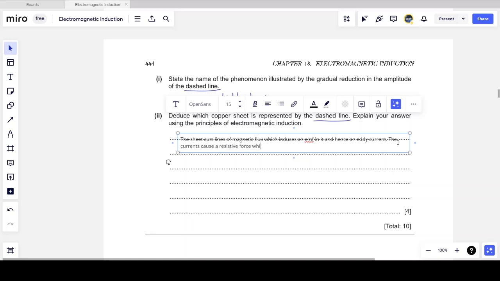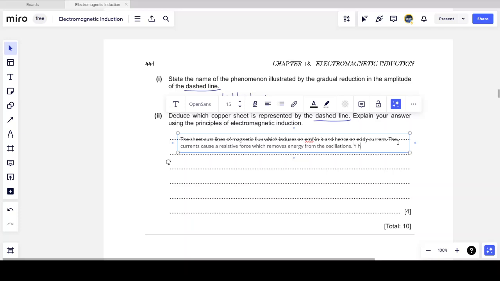So I should just write this down, which removes energy from the oscillations. So the energy has to come from somewhere. So a larger current, larger heating means more of a resistive force, which must take away energy from somewhere. It must come from the oscillations.